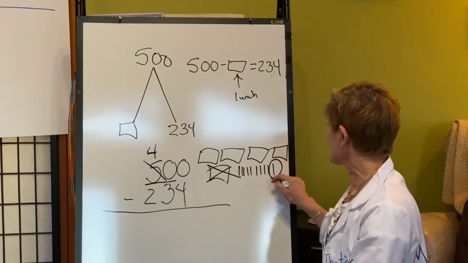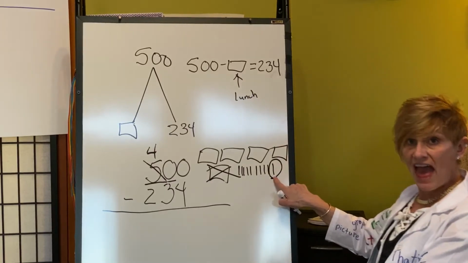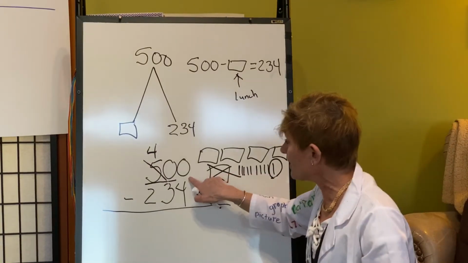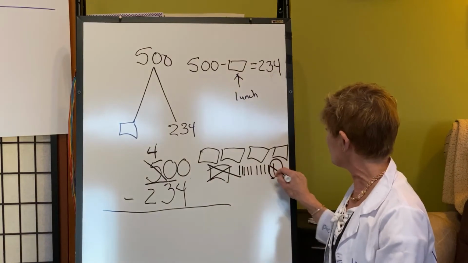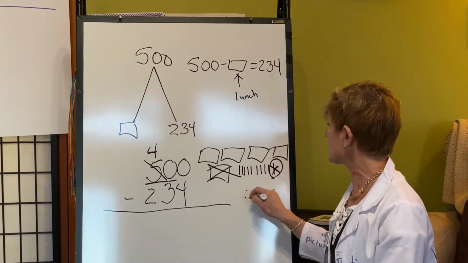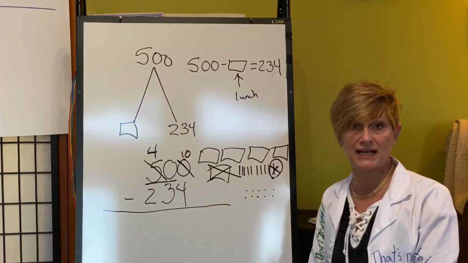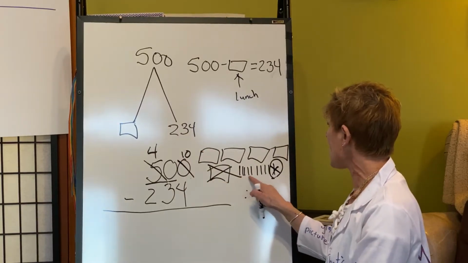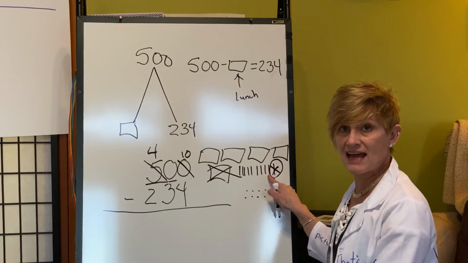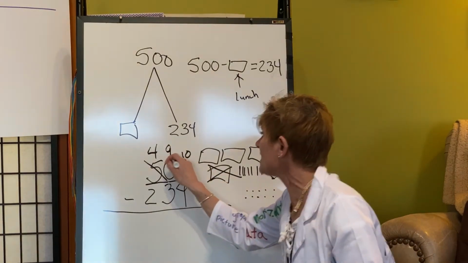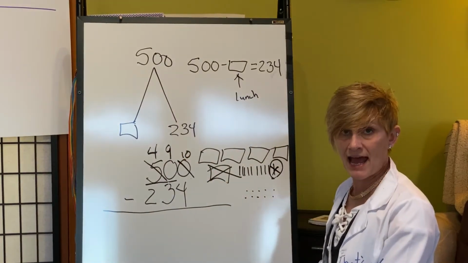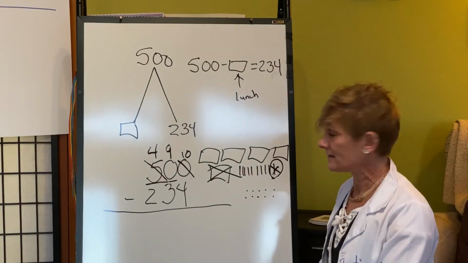I'm taking this 10, that 10, and I'm going to bring it to my ones place. 1, 2, 3, 4, 5, 6, 7, 8, 9, 10. Now I have 10 in my ones place. But I have 9 tens in my tens place. Do you see it?